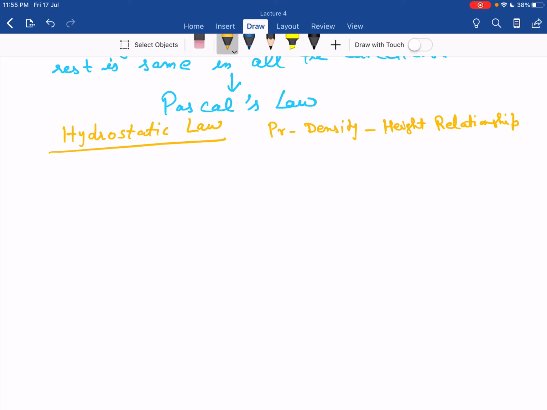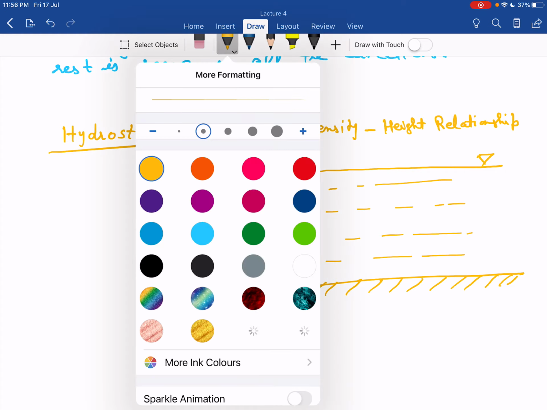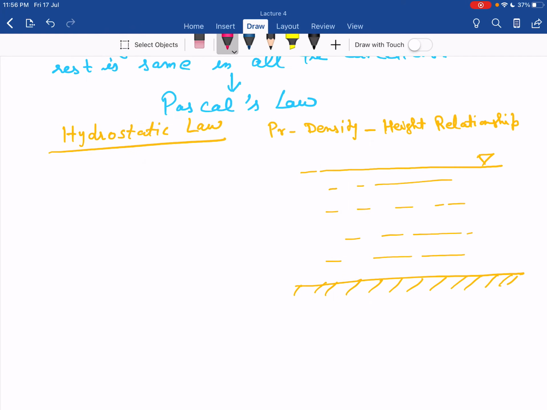Now, let us say we have a static fluid. Say we have static liquid here, and this is the bottom line we have. So now we consider a cylindrical fluid element in this static fluid condition.